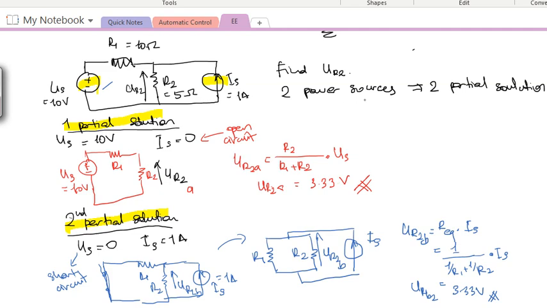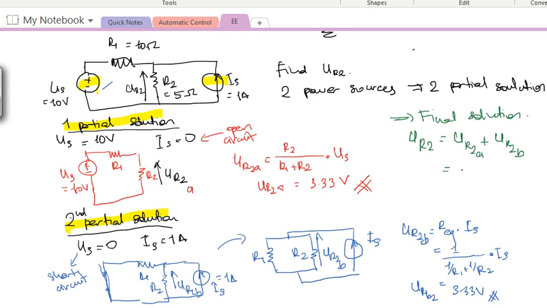write it up right here. So the final solution is the sum of both partial solutions. So UR2 equals UR2 found in the first partial solution plus UR2 of the second partial solution.